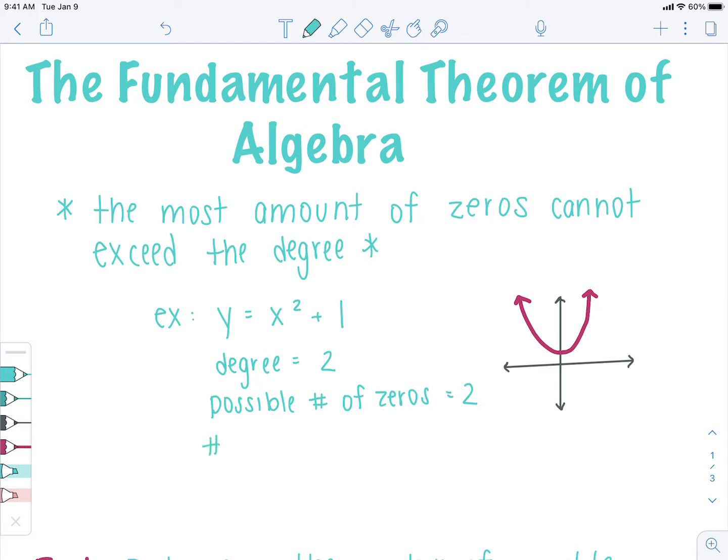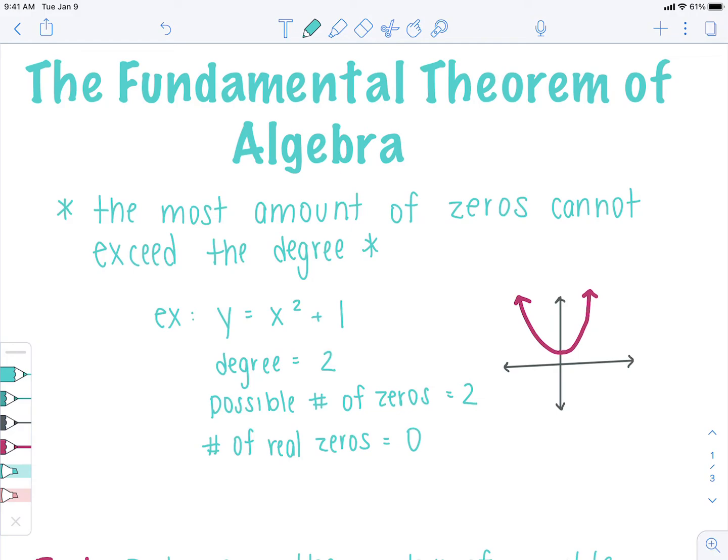So number of real zeros, 0. So if I could have 2 zeros, and I really only have 0, I don't have any real zeros, how many imaginary zeros do I have? 2. So we're using some simple subtraction today. We're picking out the degree. The degree tells us how many possible total zeros we have.